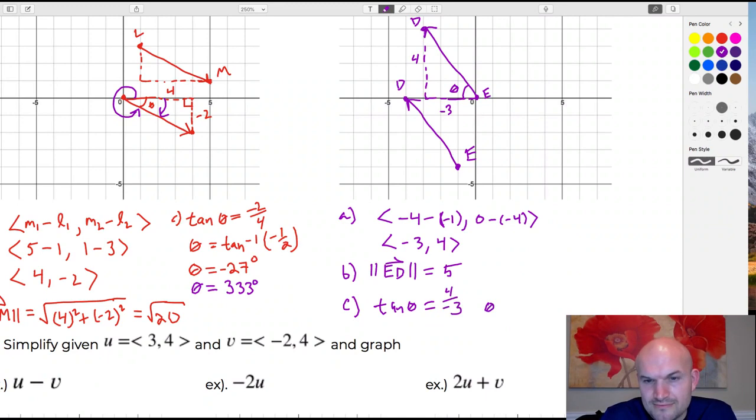Therefore theta equals the tangent inverse of 4 divided by -3, or -4 divided by 3, it doesn't really matter. That gives me -53 degrees because this angle is in the second quadrant. But we need to understand that theta is going to be the positive version in terms of a triangle. So this is going to be 53 degrees as I round to the nearest whole.